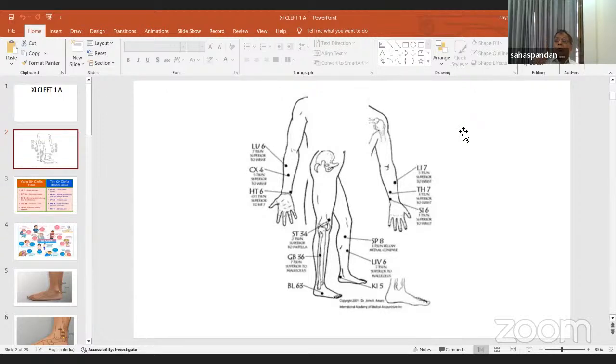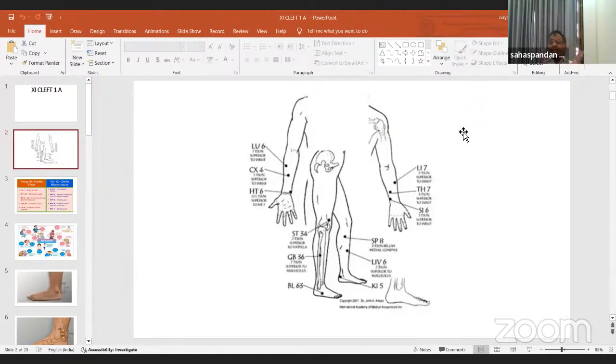But with the exception of stomach 34, which is proximal to the knee. ST34 is above the knee.